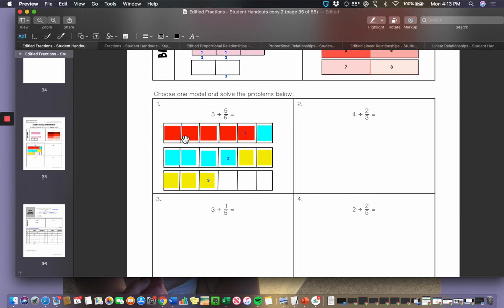So we have 5/6 here. It's 1 set, 2 sets, 3 sets. And my bars have been broken down into fifths, so now I have 1, 2, 3 fifths. So I have 3 sets of 5/6, and then left over from the third whole is 3 fifths.